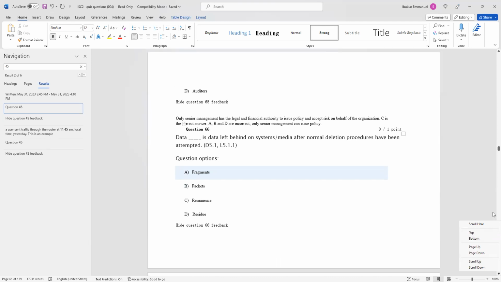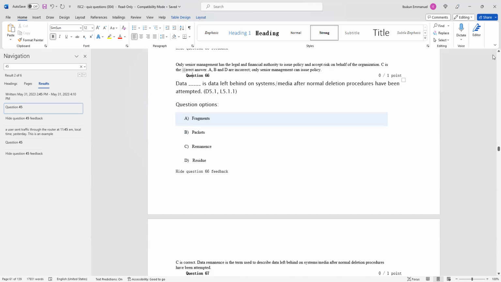What is the data that is left behind called after normal deletion procedures have been completed? Okay, so it's data remnants. It's data remnants. I thought that some of us would say it's data residue, but it's actually data remnants.